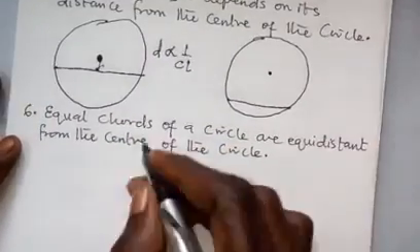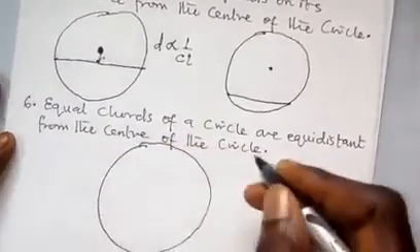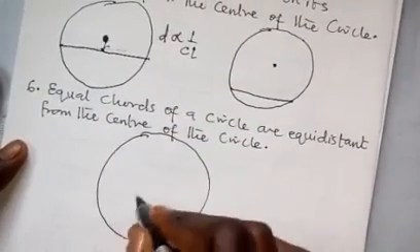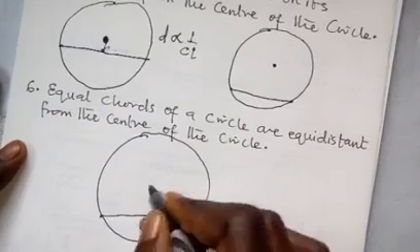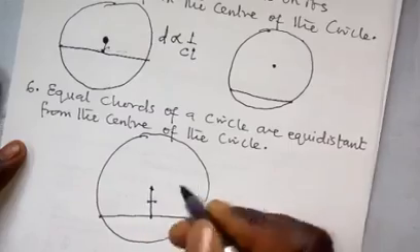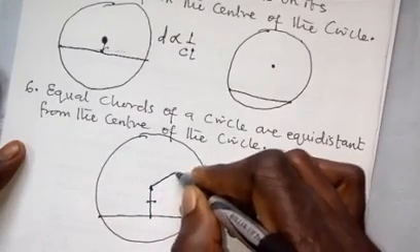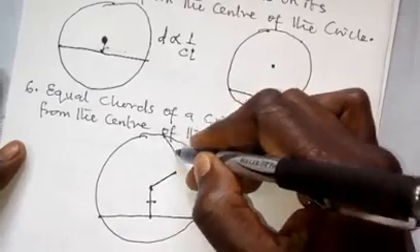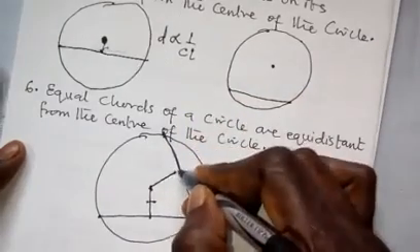So if for instance I draw this circle here, and take a look at the distance of this chord from here, let's mark it this way, and then I take the same distance from here and draw a chord this way.